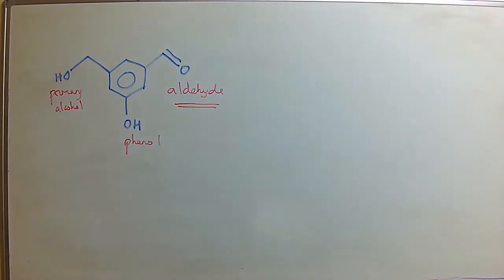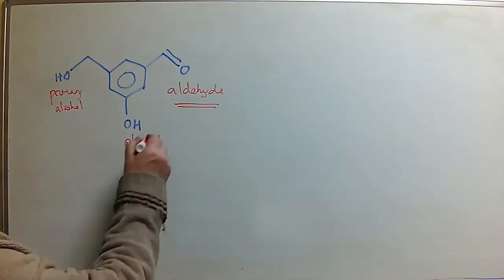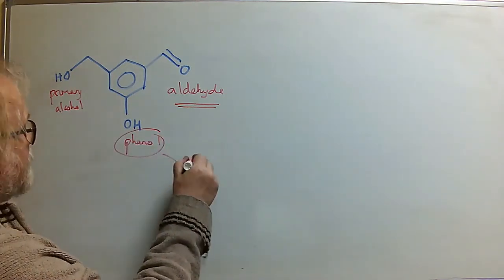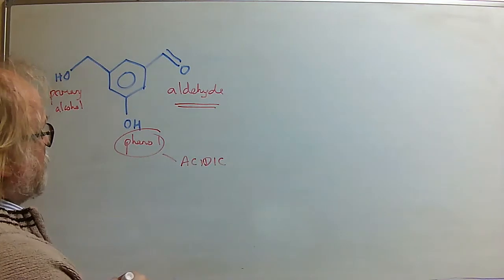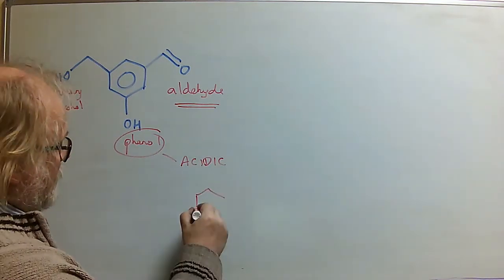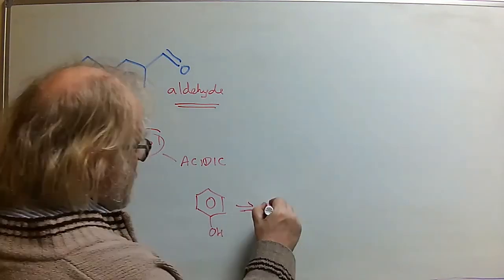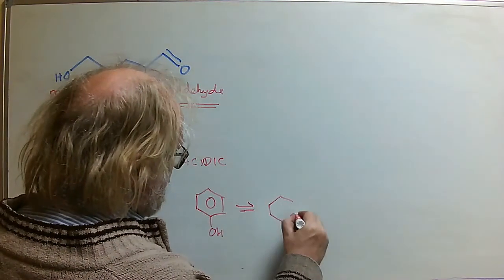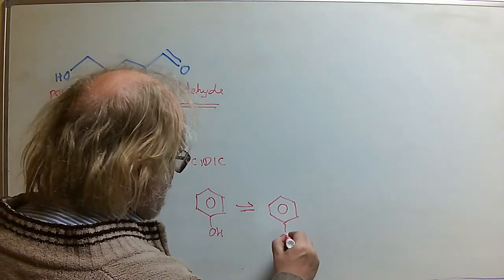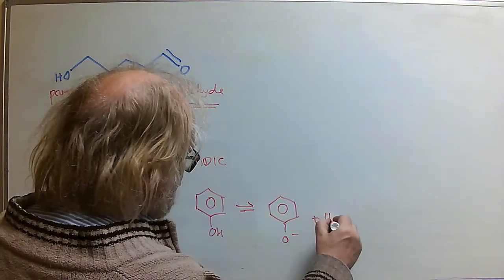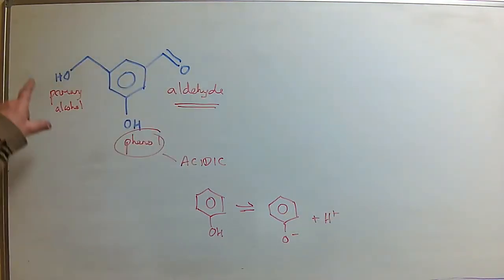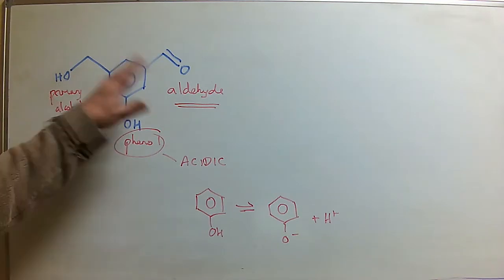You've got to know when it's possible for something to lose H+, and the story is that the phenol is acidic, which means that a phenol can lose H+, like this. And remember, it's a very weak acid, so it doesn't do this very easily, but it's a whole lot better at it than an alcohol or an aldehyde, which are negligibly acidic.